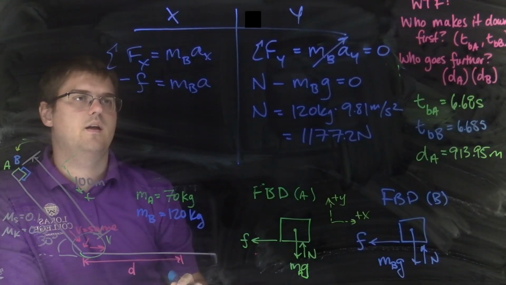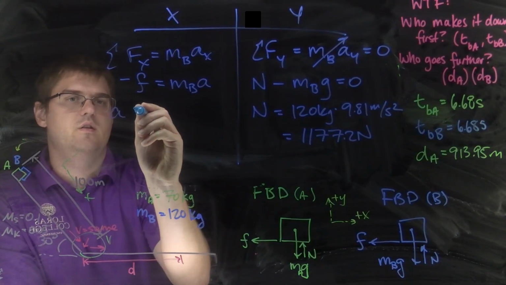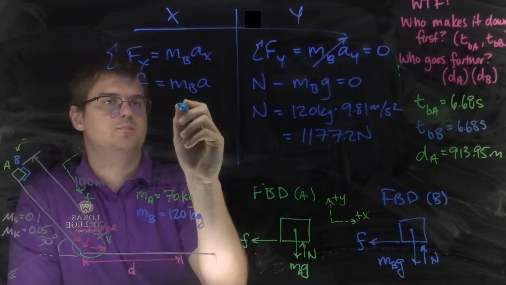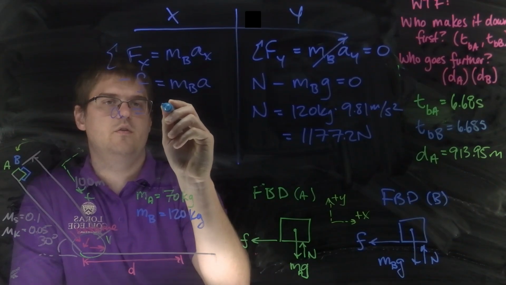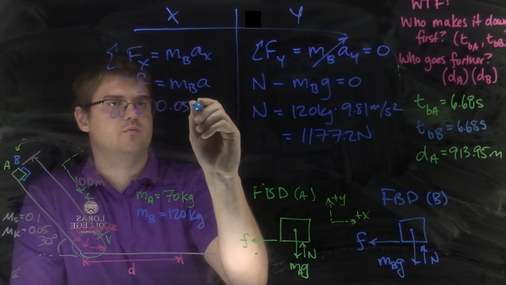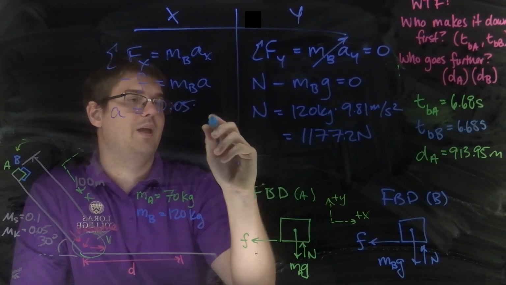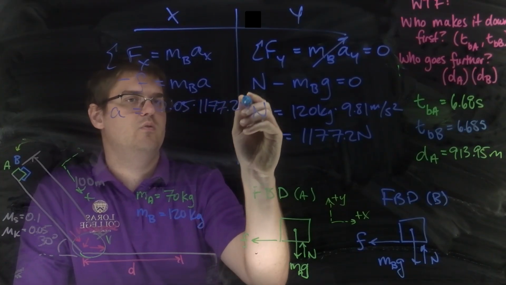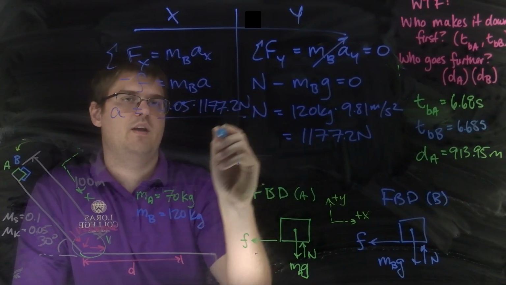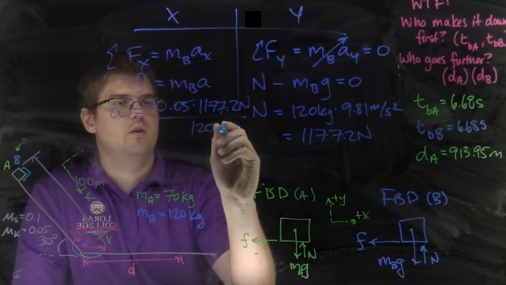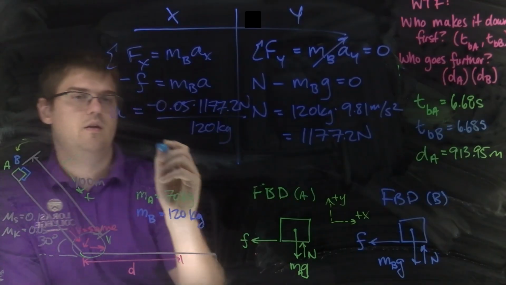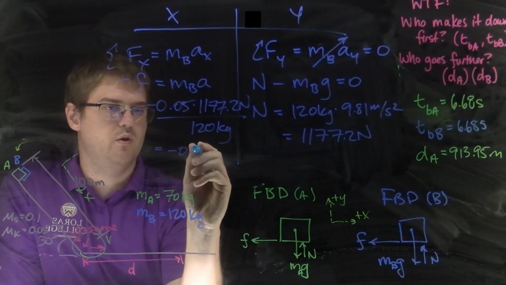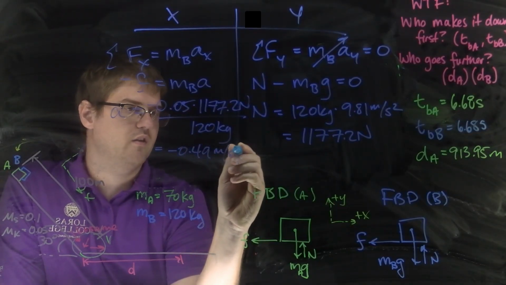And I can go ahead and say that my acceleration is going to be equal to my friction, which is mu k, so mu k is 0.05, times N, times 1177.2 newtons. That's negative, divided by my mass B, so divided by 120 kilograms. This all comes out to be an acceleration of negative 0.49 meters per second squared.